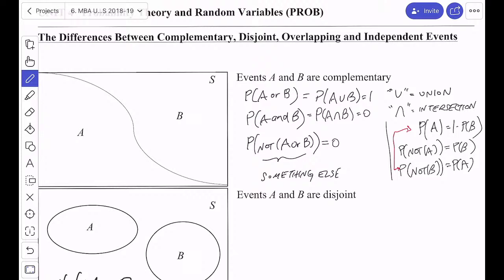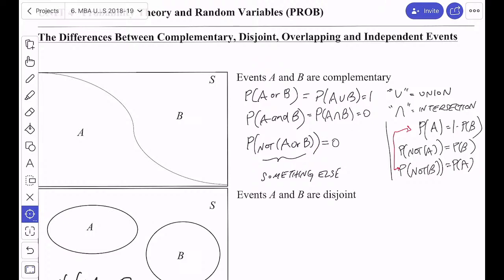So these are the same 3 questions I'm going to ask you for the next set of drawings. It doesn't matter in this case what A or B are, in terms of what their probabilities are, because this will always be the answers.